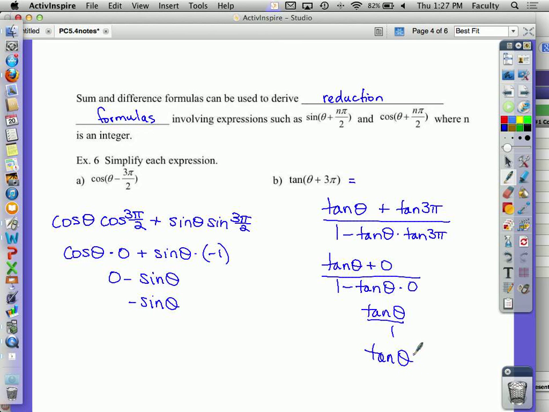All right, are you getting tangent theta? Tangent 3 pi is 0. Tangent 3 pi is the same as tangent pi. So that's 0 over negative 1, which is 0.